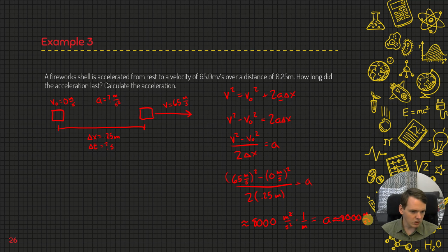If you want to double check that and run that and let me know, but it should be in that ballpark. Let's check to see if that makes sense. 8,000, that's really big, but also we're accelerating, and it's like launching a firework. I wouldn't necessarily think that that's terribly absurd.